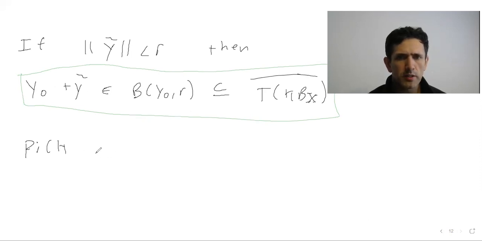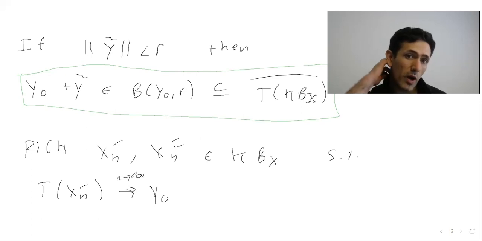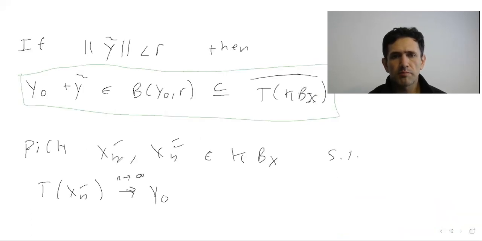So we can pick sequences xn prime, using the book's notation, and xn second prime, in the ball of radius k in X, where T xn prime converges to y0 in big Y. So again, y0 is in the closure of T of the ball of radius k, so pick something in it that approaches y0.